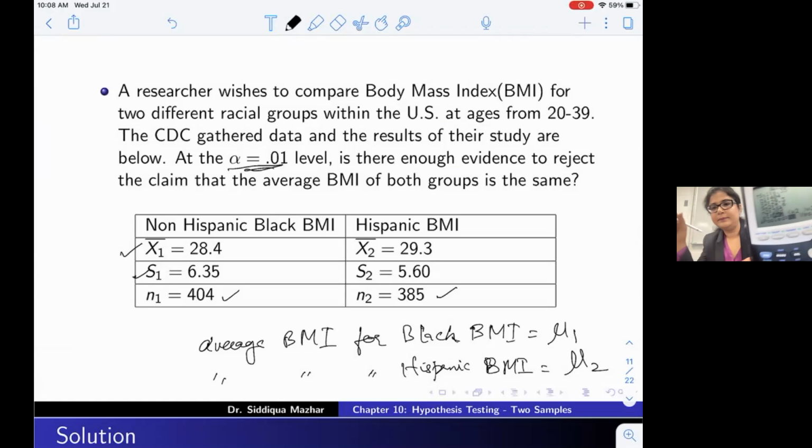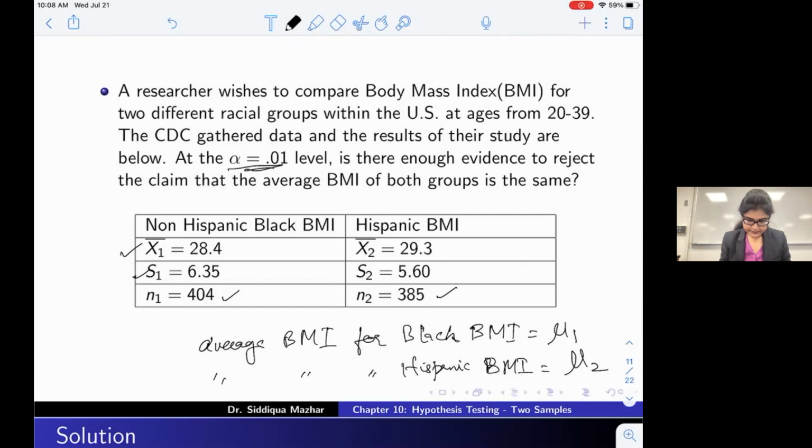And here you see pooled data, yes or no. We will be using unpooled data for all of our examples or questions. So I'm going to press no, meaning their variances are different for both groups. Then press no, and then you hit calculate.